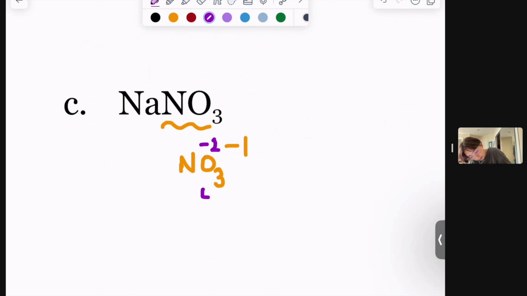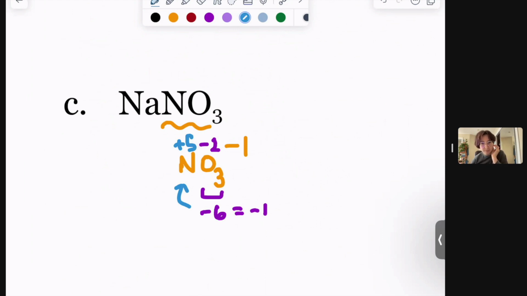And I have 3 of them, so I have -6. It has to equal -1 overall. So that means that my nitrogen must be a +5. So I think figuring out nitrogen is the hardest part here.